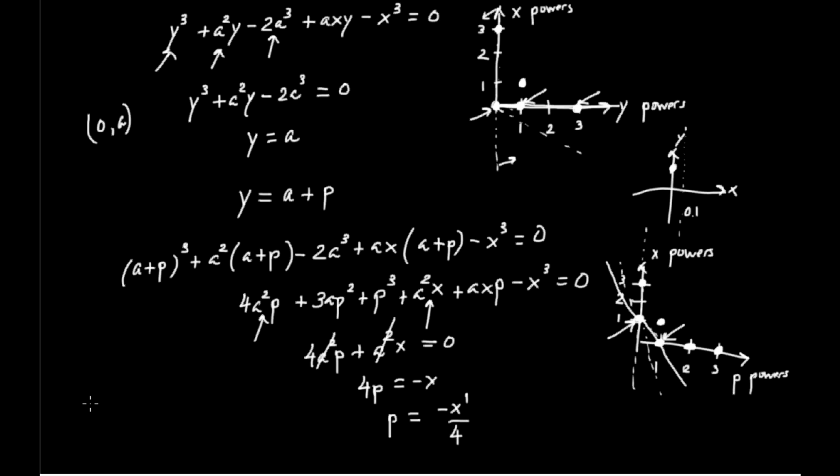And hopefully you can start to see that our power series for y in terms of x is going to be y is approximately equal to a. That's our first term that we obtained there. And now we have another term here that we just calculated. We now have a minus x over 4. So now we have two terms of our power series.